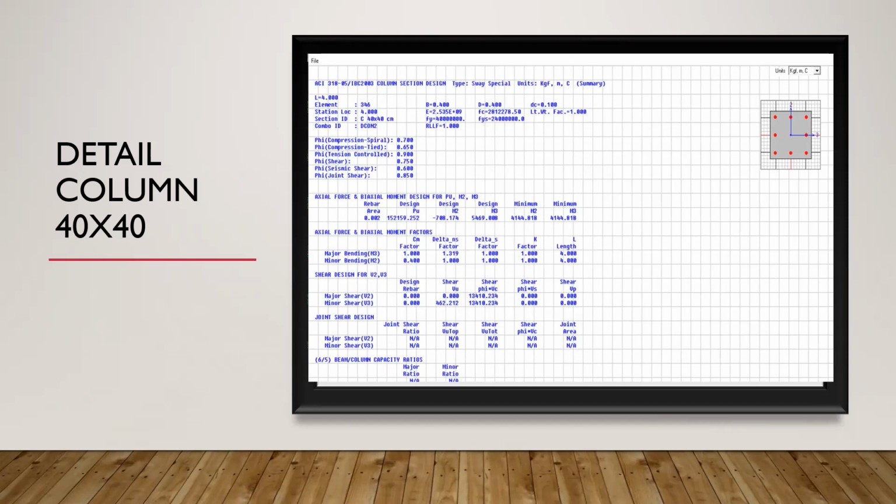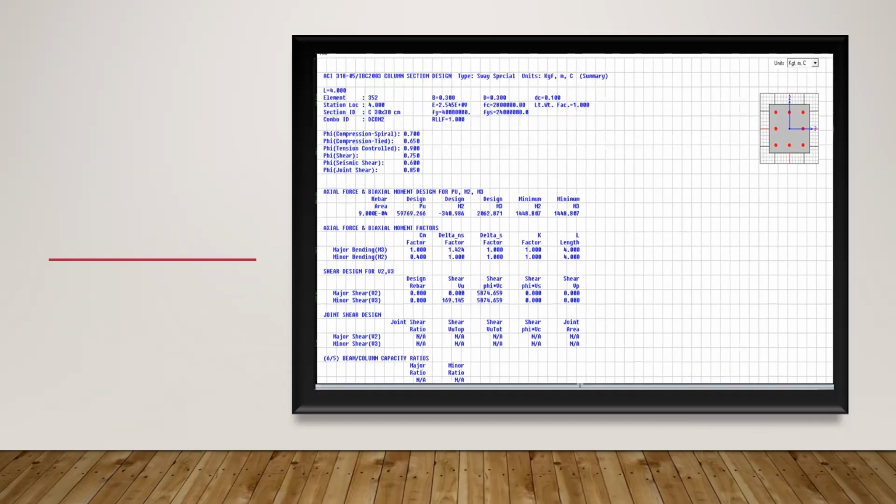For the detail, we will focus on the area of the rebar. For the 40 times 40 column, the area needed is 0.002 square meters. For the 30 times 30, the area needed is 9 times 10 to the power of minus 4 square meters.